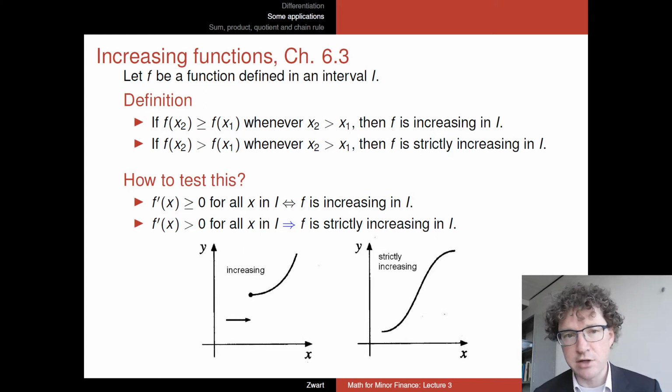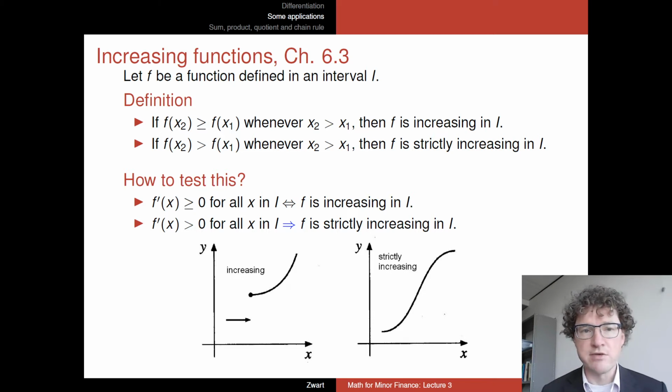There's a slight subtlety here because you see in this definition, the function value at this more advanced point x2, so to the right, is asked here to be bigger than or equal to f at x1, the left hand point.